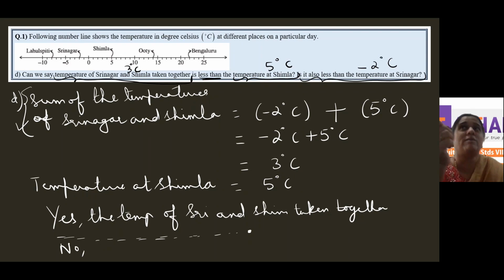Which two numbers are we comparing for the first question? First we compared 3 degrees Celsius and 5 degrees Celsius.